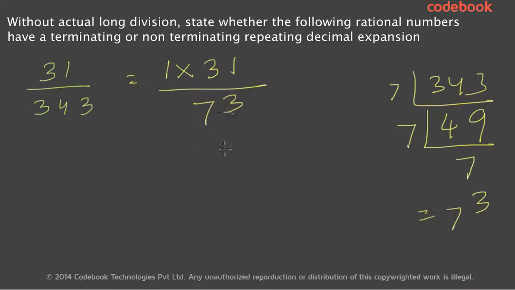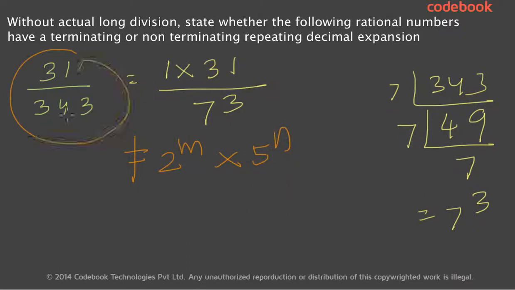So we have 7 cube in the denominator and there is no 7 in the numerator. So 31 and 343 are co-primes by nature, and the factorization of the denominator is 7 cube, which is not in the form of 2 power m times 5 power n. So we can state that this number 31 by 343, which is in the form of p by q, has a non-terminating repeating decimal based on the theorem.